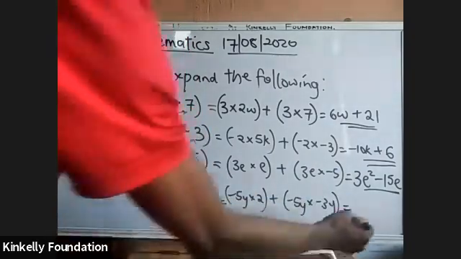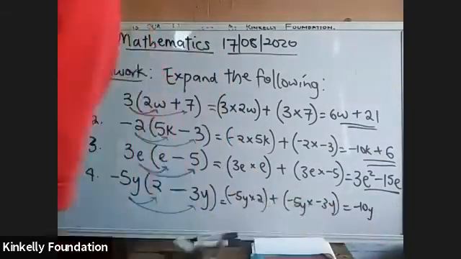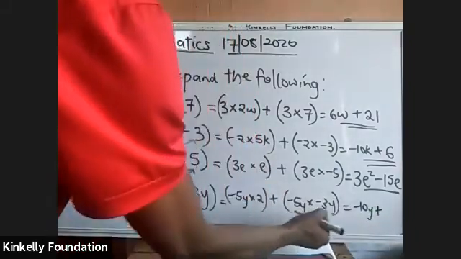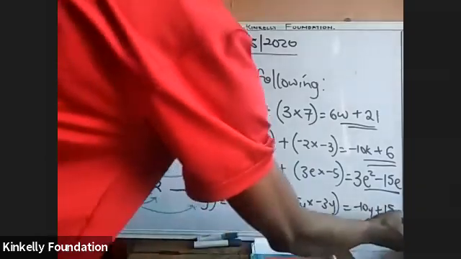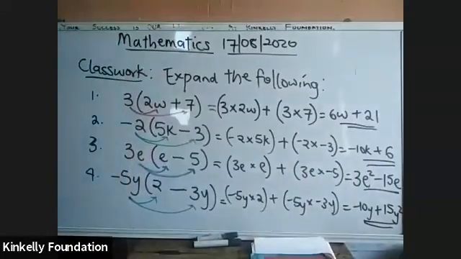This gives us minus 10y. Minus times minus gives us plus. 5 times 3 is 15. y times y is y squared. So this is what we have as our result.